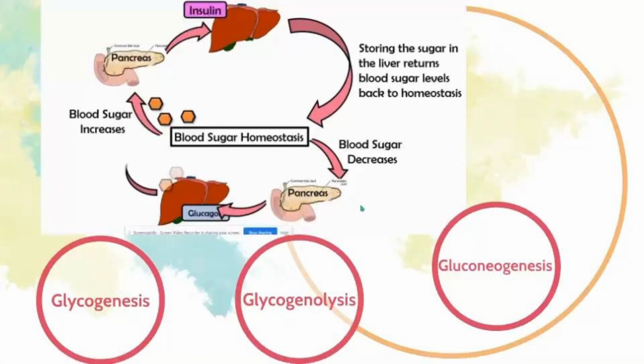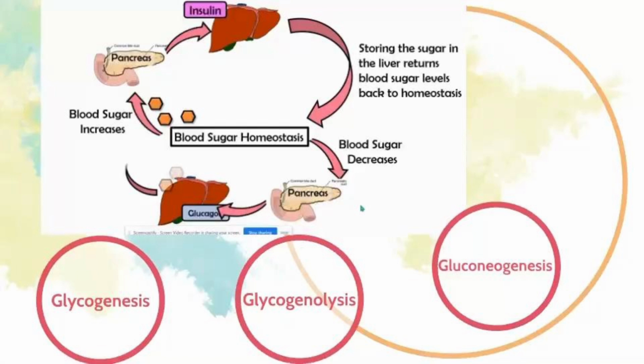If we think about how this works, with insulin we want the blood sugar to reduce, so that means that the glucose in the blood is being stored as glycogen within the liver, and if there is a high amount of glucagon, then that means that the blood sugar is too low, and that means that within the liver the glycogen will be converted into glucose, which will then be released into the blood. So it's really important that you know what the insulin and the glucagon do before we go on to understand these different types of conversions that go on.